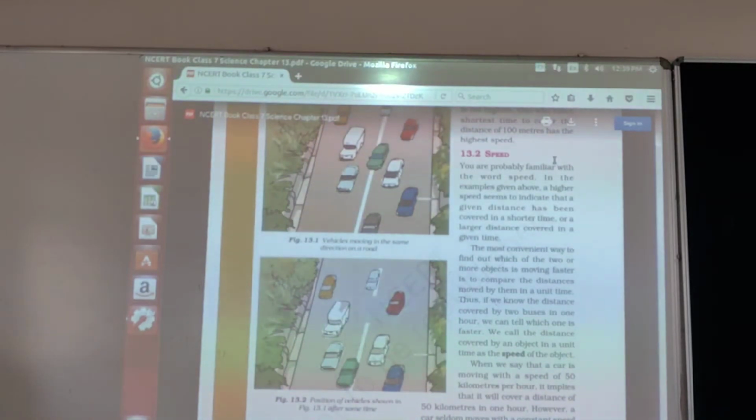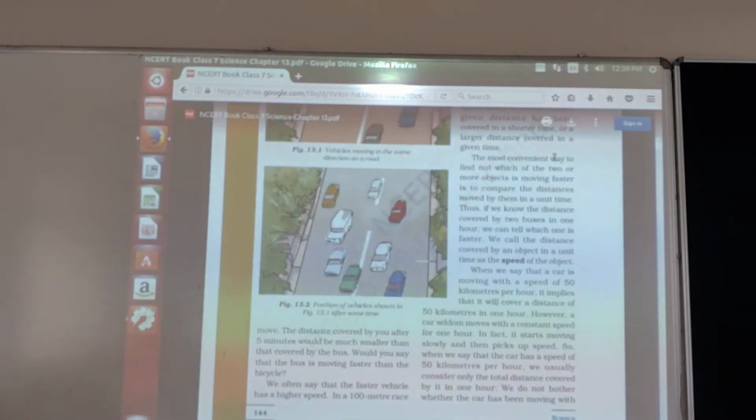The most convenient way to find out which of two or more objects is moving faster is to compare the distance moved by them in a unit time. So we call the distance covered by an object in a unit time the speed of the object.